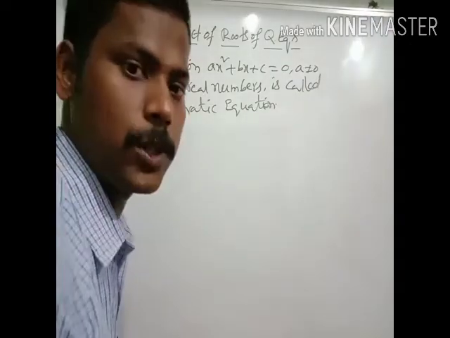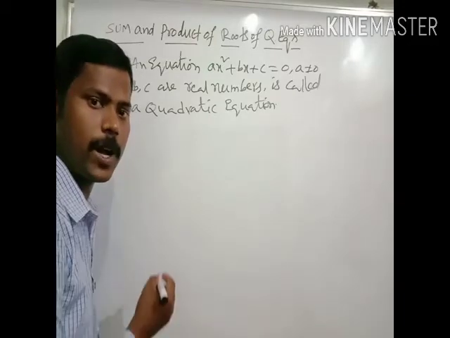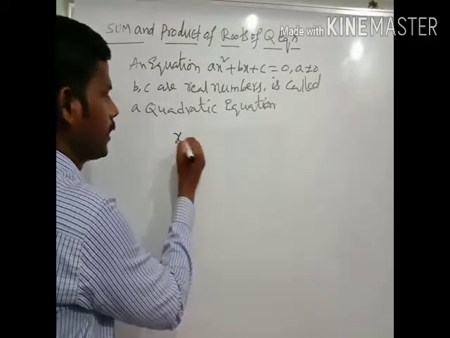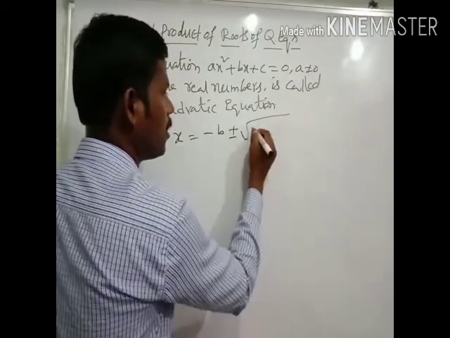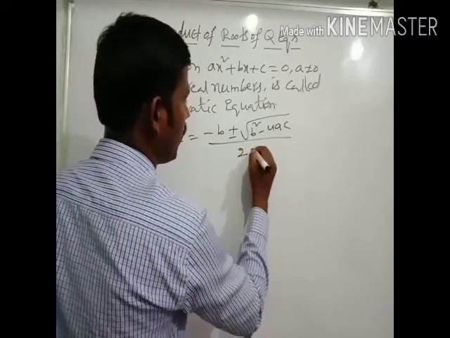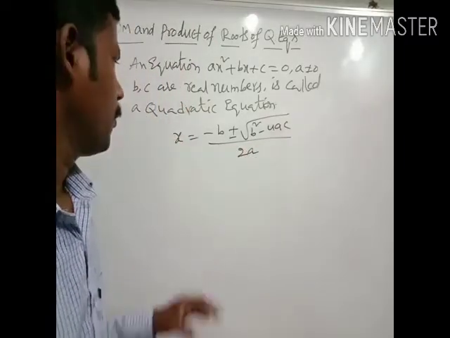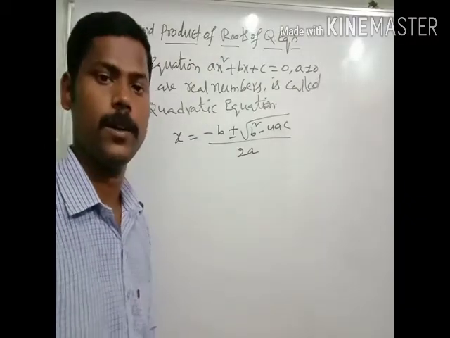So how to find roots of the quadratic equation, children? By using the Sridharacharya method, we already have the formula x equal to minus b plus or minus square root of b square minus 4ac by 2a. We already derived how the formula came.